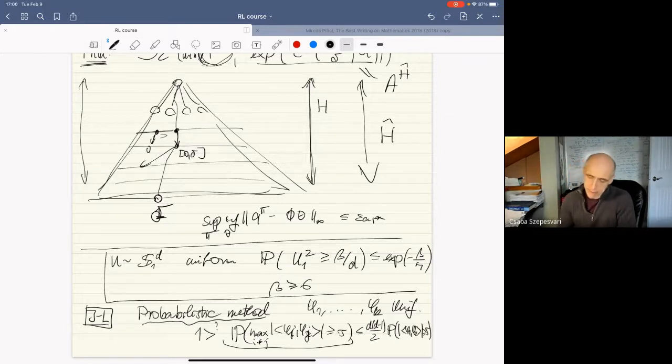You can, without loss of generality, assume that phi1 is just the first standard Euclidean basis vector, so that this inner product will just pick the first coordinate of phi2. Then you just square, use this inequality, and show that this is smaller than 1, which will be true. So it's just a little calculation after we have the tail inequality.